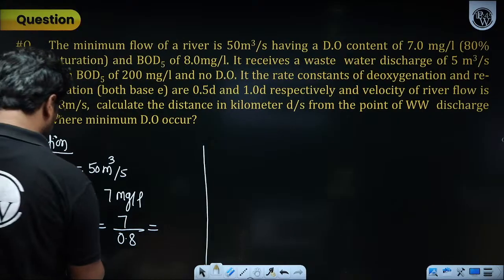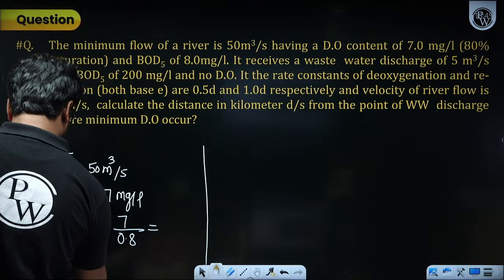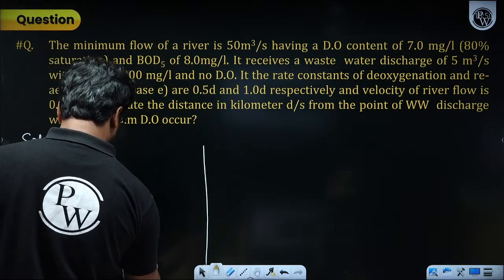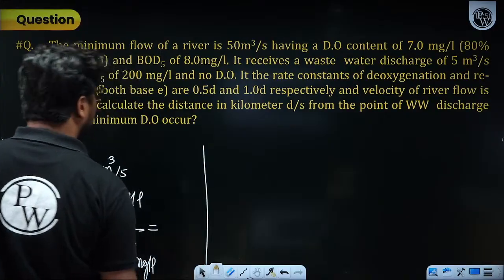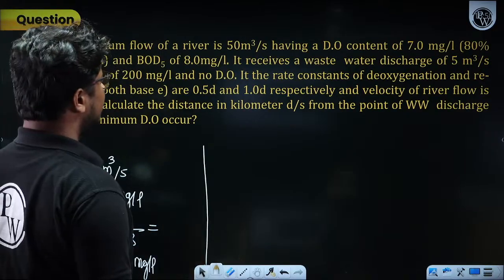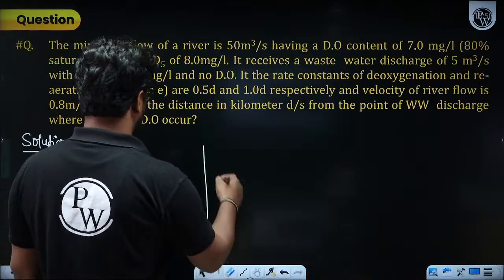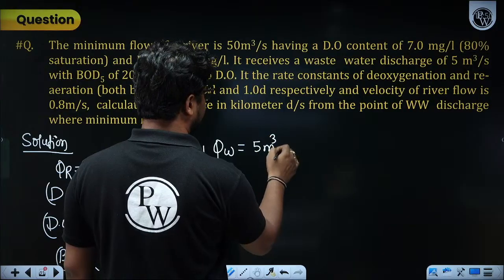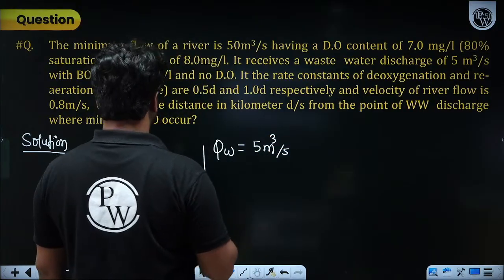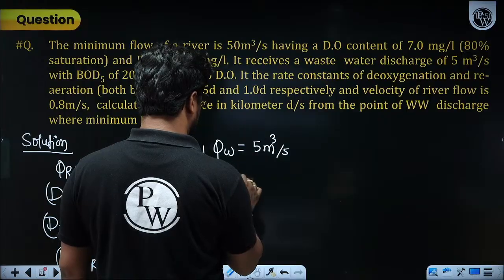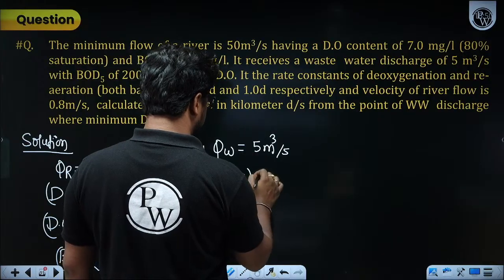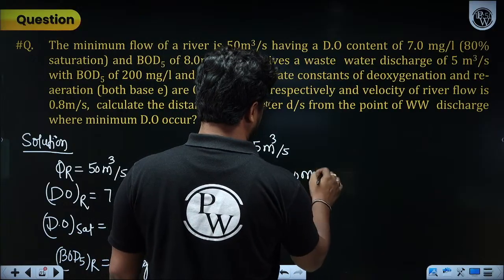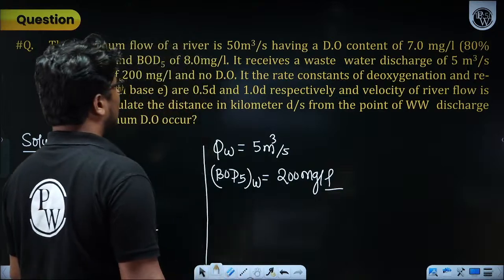Next data, BOD5. The BOD5 for the river is given as 8 milligram per liter. It receives a wastewater discharge. Now they are giving data for the wastewater, which is QW, 5 meter cube per second, with a BOD5 of 200 milligram per liter, and no DO.